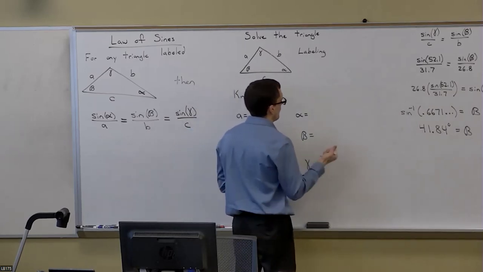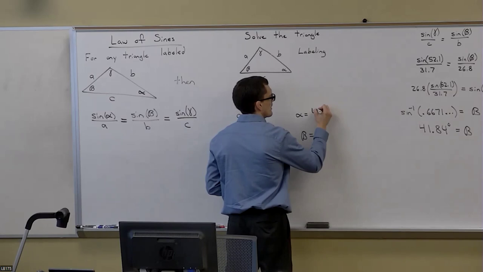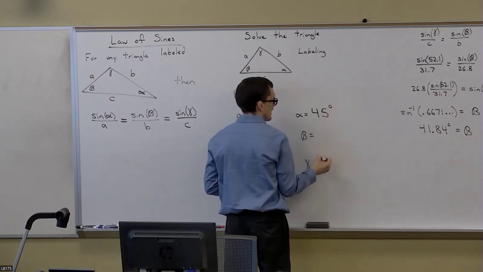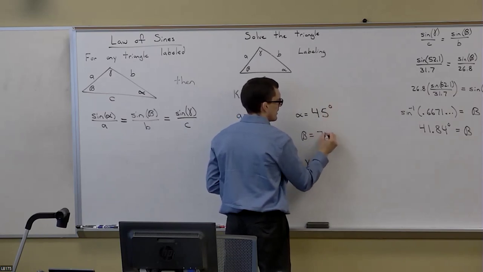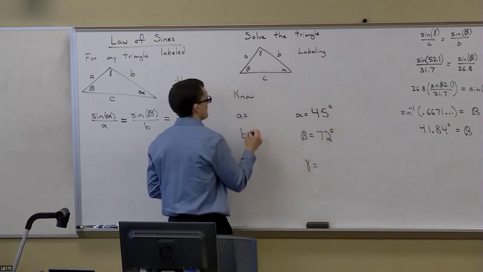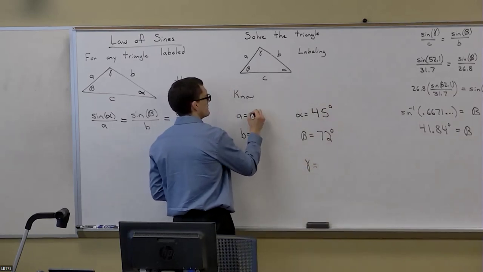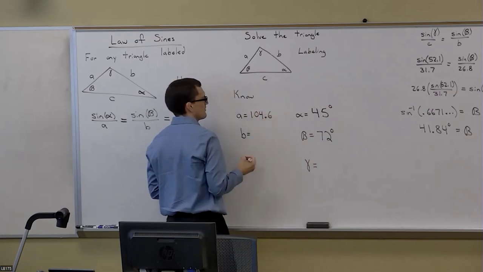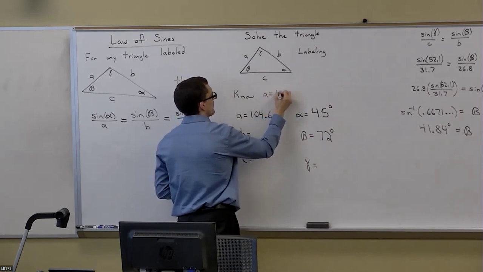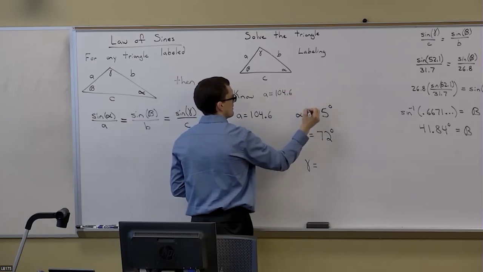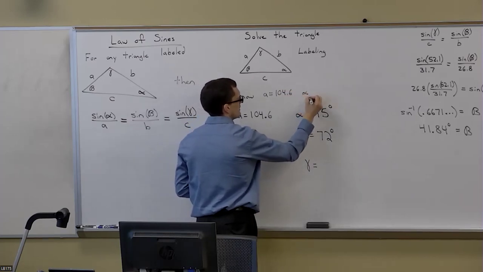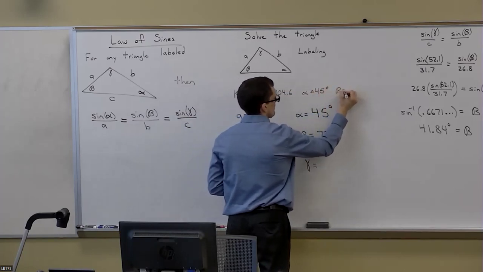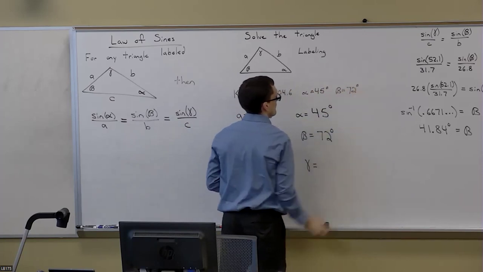Let's say angle alpha is 45 degrees, angle beta is 72 degrees, and the length of A is 104.6. So I know that A is 104.6. Alpha is equal to 45 degrees. Beta is equal to 72 degrees.